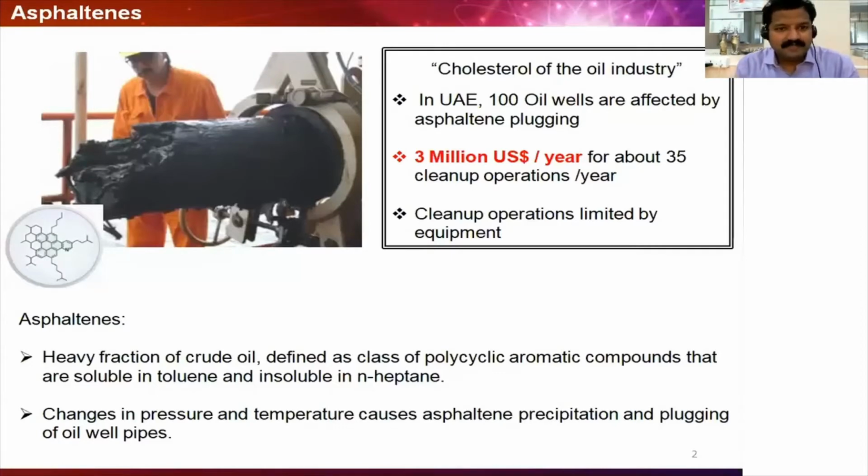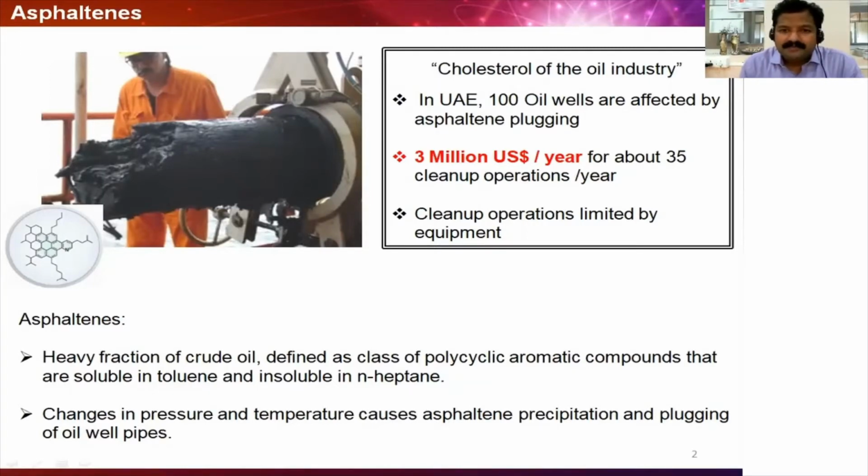In UAE, petroleum is a major source of revenue, and petroleum extraction involves a lot of challenges. The most important challenge is the deposition and plugging of asphaltenes in oil pipelines. Asphaltenes are known as the cholesterol of the oil industry. In UAE alone, around 100 oil wells are affected by this asphaltene plugging.